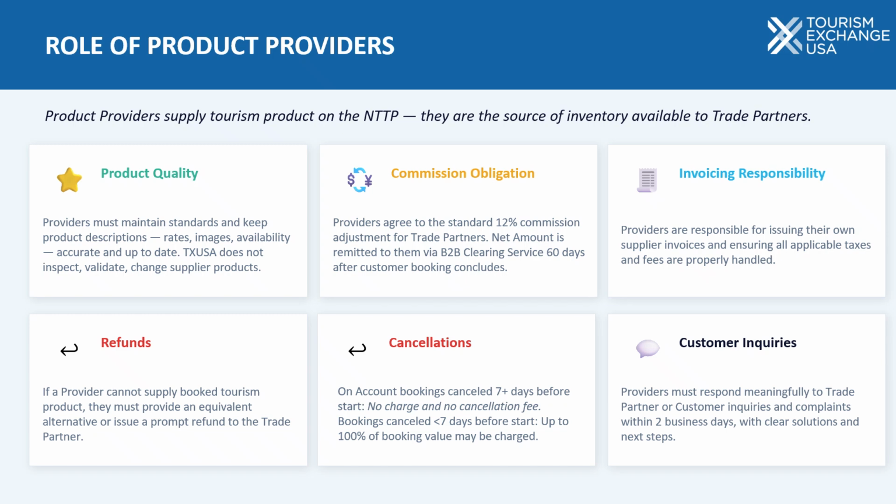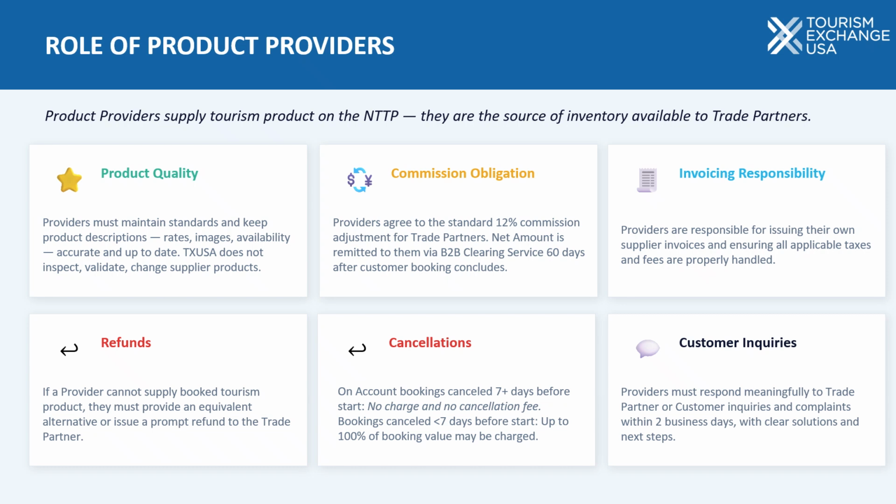They're expected to handle their own invoicing and make sure that all of their applicable taxes and fees are properly handled on their end. We do ask that they respond to inquiries within 2 business days. For refunds, if they cannot supply the tourism product booked, they must provide you with an equivalent or an alternative product, or issue you a prompt refund.